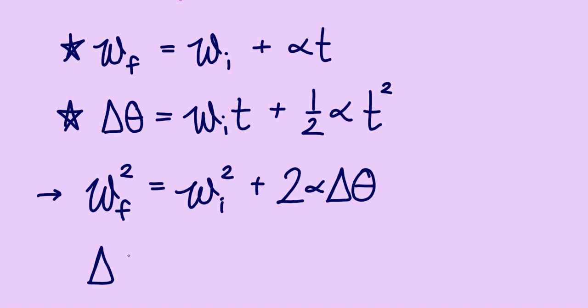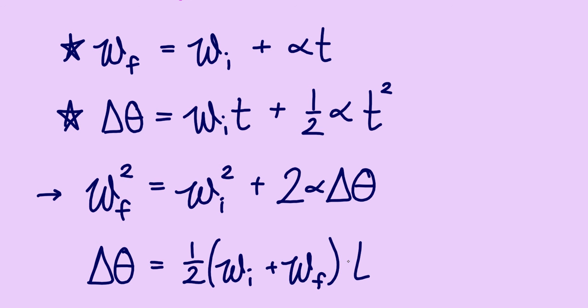Lastly, we have an equation that says the angular displacement is 1/2 the initial angular velocity plus the final angular velocity times time. Now this equation doesn't appear in any format on your equation sheet, and the reason is this is just basically one way of saying that the average angular speed is the angular displacement divided by time.